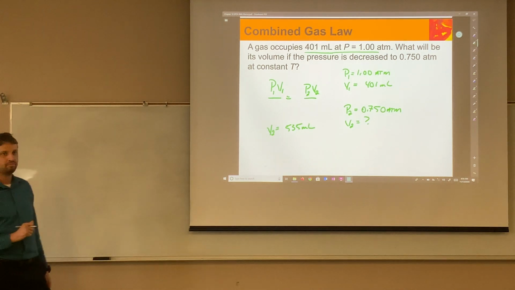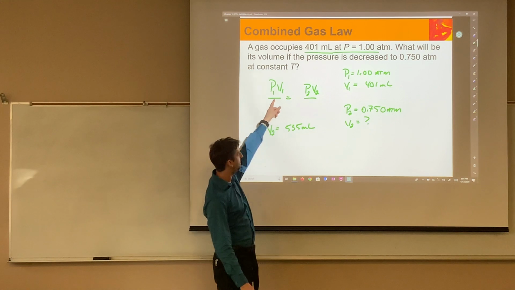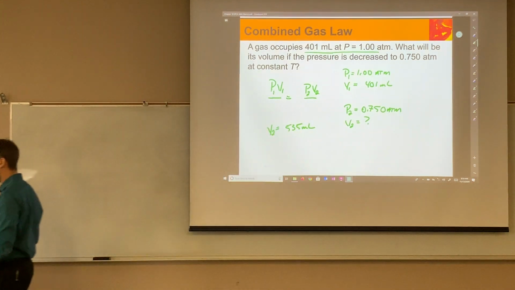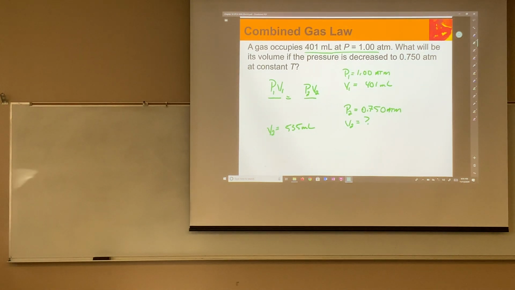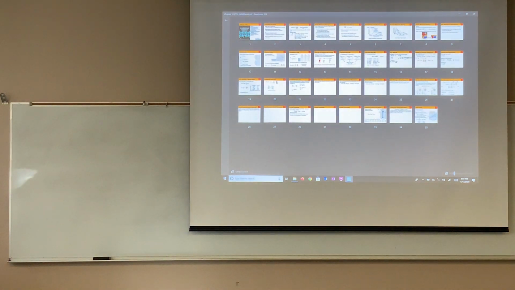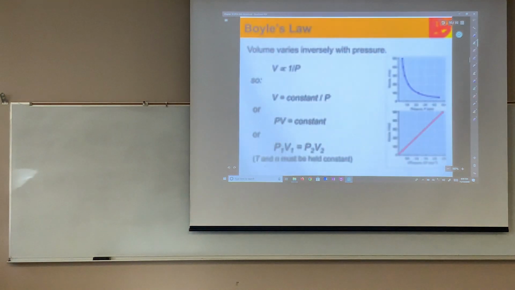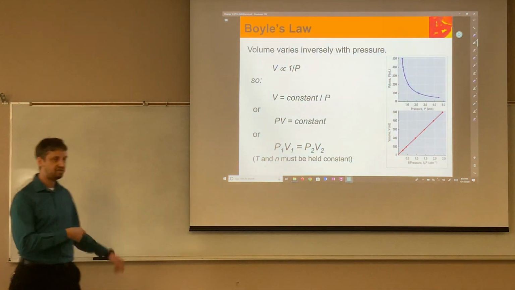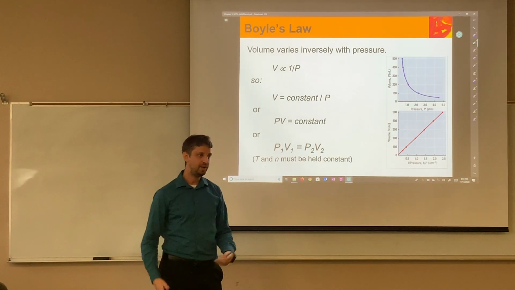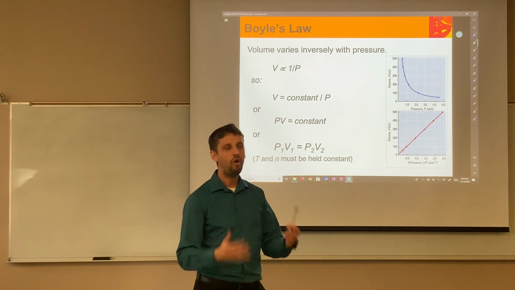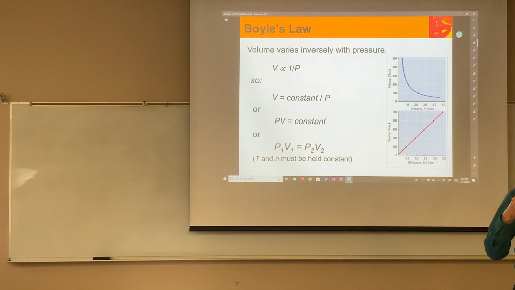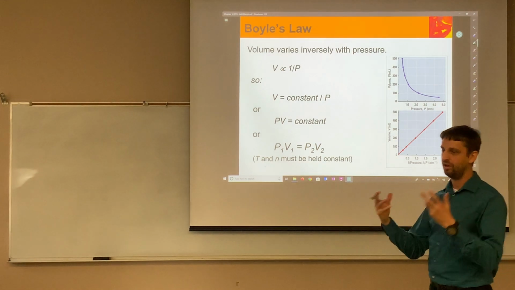Good? Does this equation look familiar to something? If we scroll back in our notes, that's just Boyle's law. And what does Boyle's law say? Temperature and moles must be held constant. So remember the way we constructed the ideal gas law was based off of Boyle's law and Avogadro's law and Charles's law.